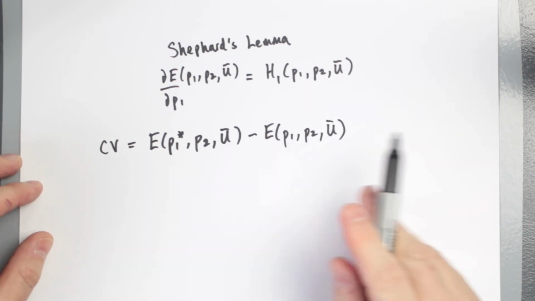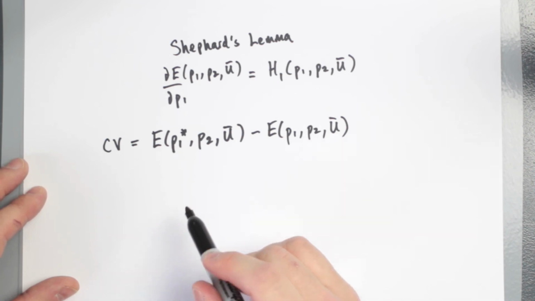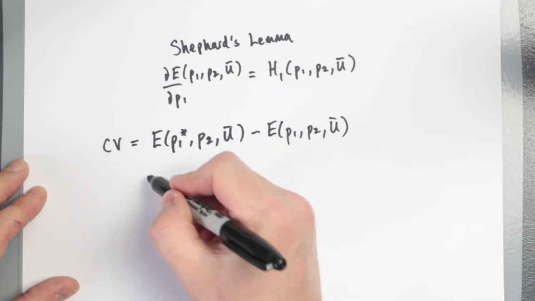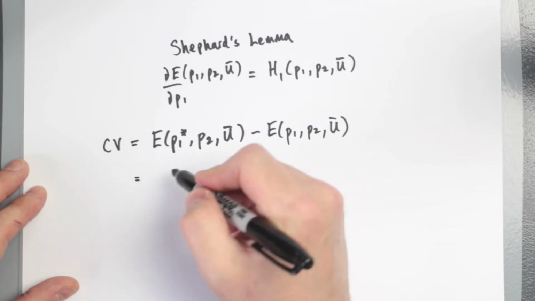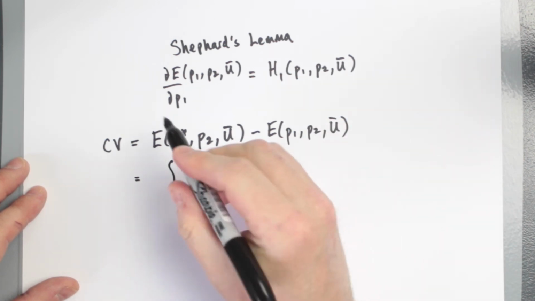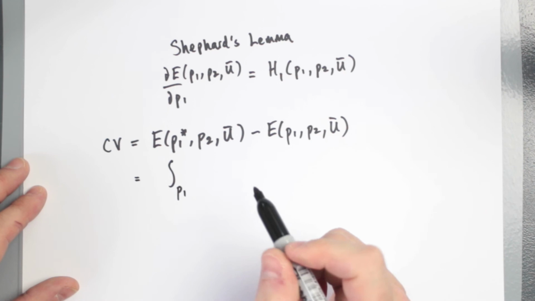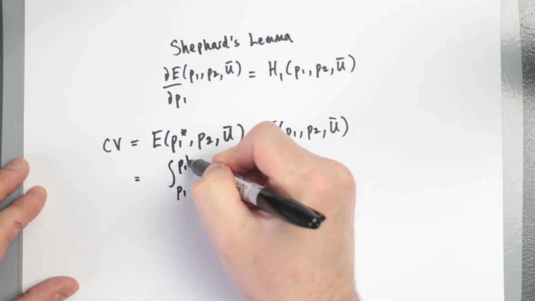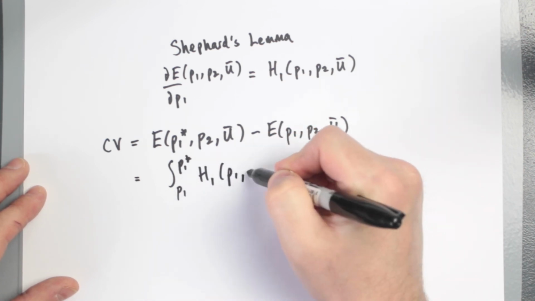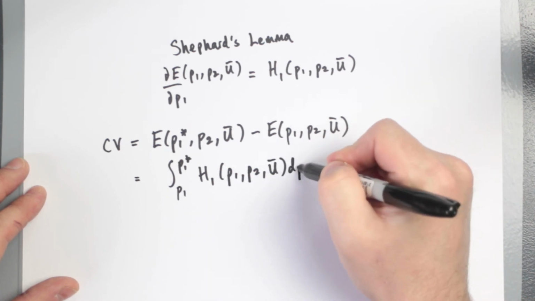Okay, so this was what we derived as the value of the compensating variation. And looking at Shepard's lemma, we've got the difference between these two. So using the fundamental theorem of calculus, we know that this difference is in fact the integral of this Hicksian demand function, where I'm taking the value at P1 as the lower bound of the integration and P1 star as the upper, H1(P1, P2, target utility U bar) dP1.